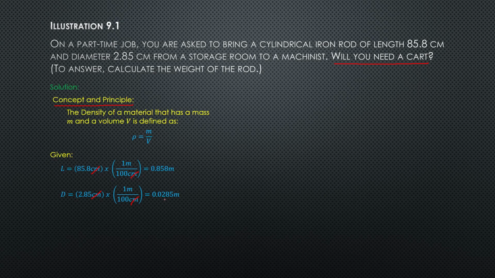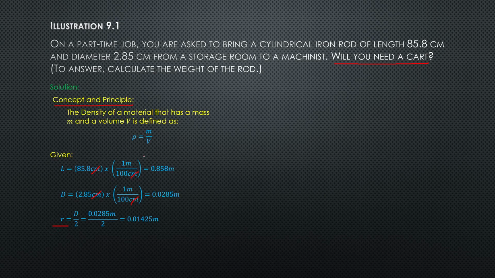Now the radius is half of the diameter, so 0.0285 meters divided by 2 gives you 0.01425 meters. So why did I solve for the radius?